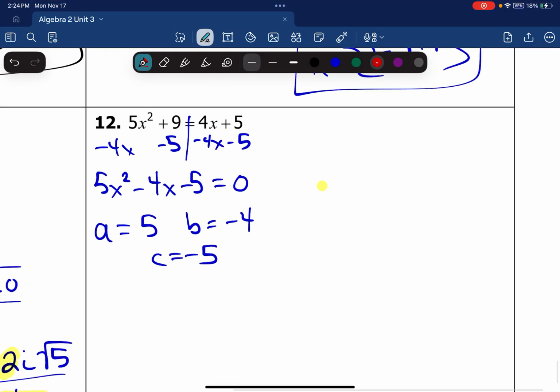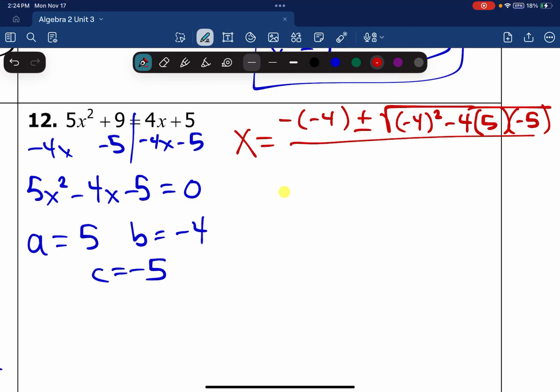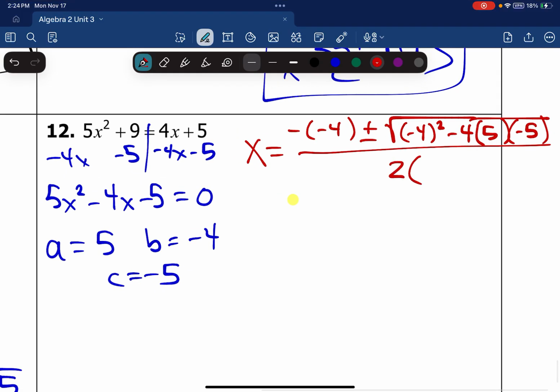So plugging them in, x equals negative b, so negative 4, plus or minus the square root of b squared minus 4 times a times c, all over 2 times a.